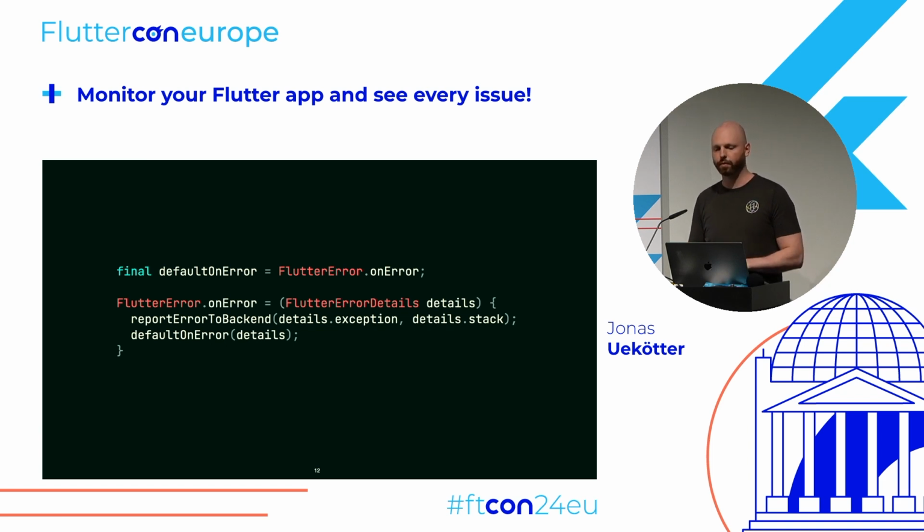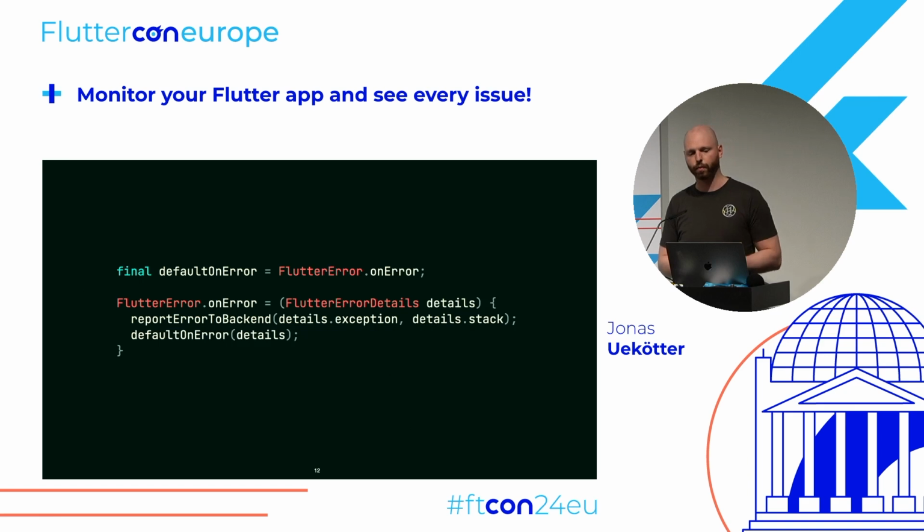A pretty interesting fact about this is that this gets mostly called in debug mode for things like layout issues. So during production, when the app is in the hands of your customers and users, you usually don't get a lot of errors by subscribing to this.